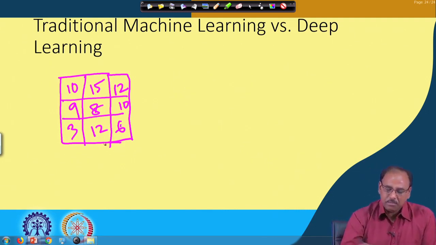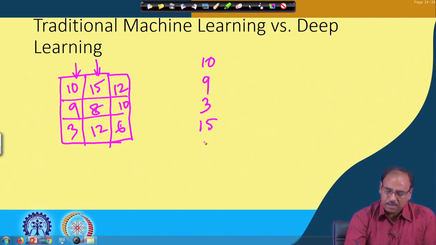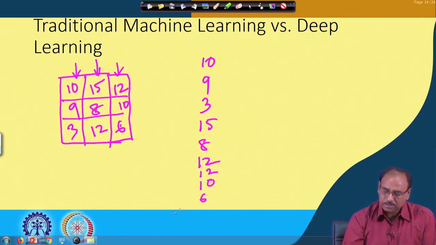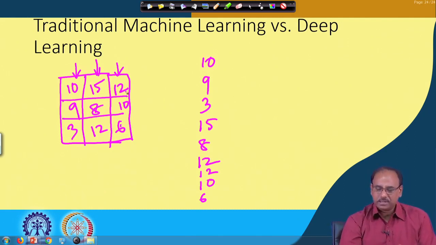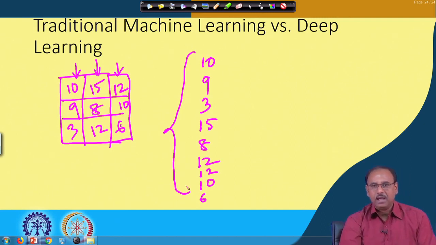In this case my vector will be 10, 9, 3, that is the first column. Then I take the next column, it will be 15, 8, 12. Then I take the third column, again it will be 12, 10, 6. So, you find that from this 3 by 3 matrix, I have made a one dimensional vector having 9 different components.